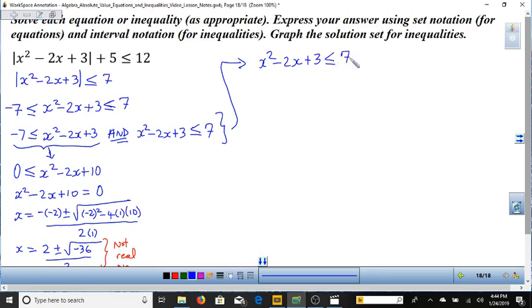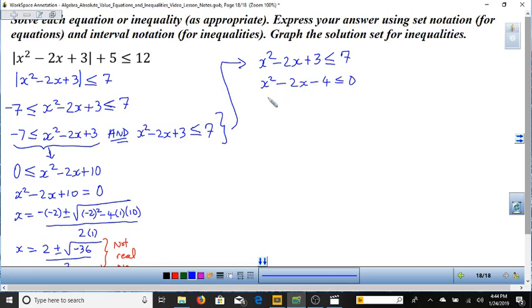So we end up with x squared minus 2x minus 4 is less than or equal to 0. And once again, we have a situation where we cannot factor this one, so we're going to just have to solve the quadratic equation.